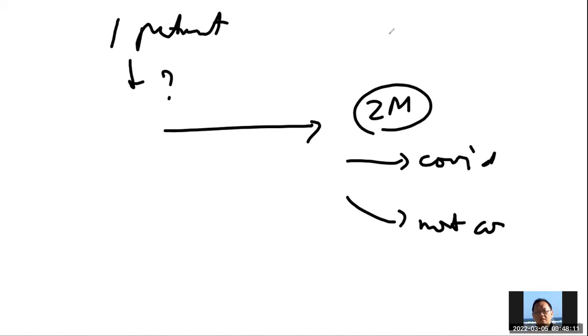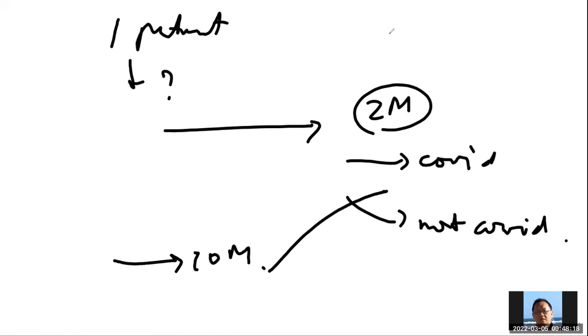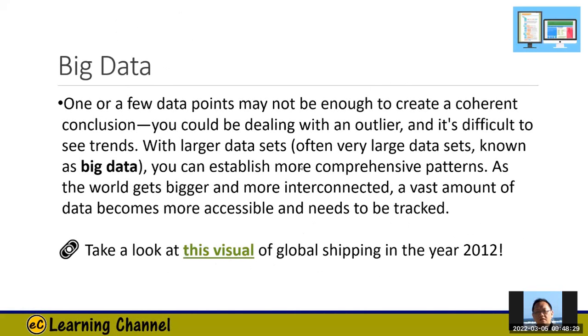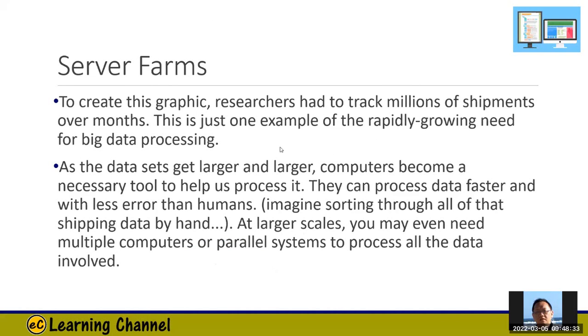We can start to look at it. And when you go to about 10 million, we already know what can be the cure for it and what cannot be the cure for it. So with bigger data, we can do more things. We know more about it. That's called big data. The bigger the data, the better.